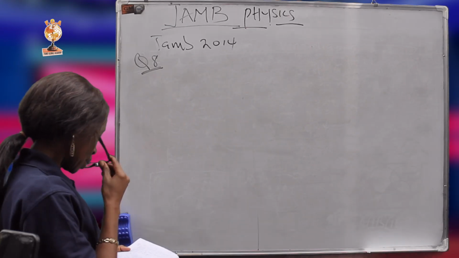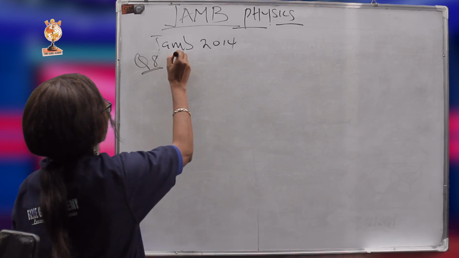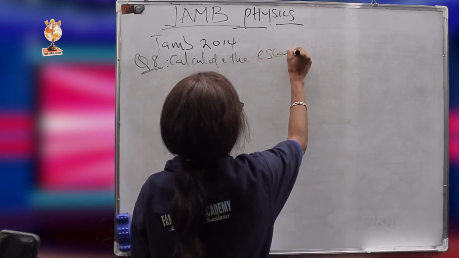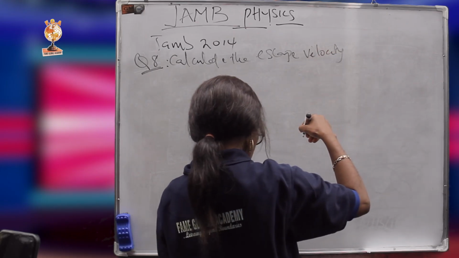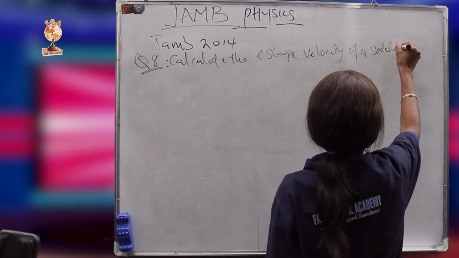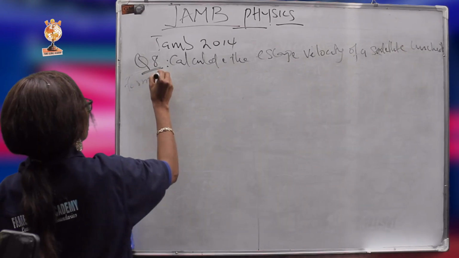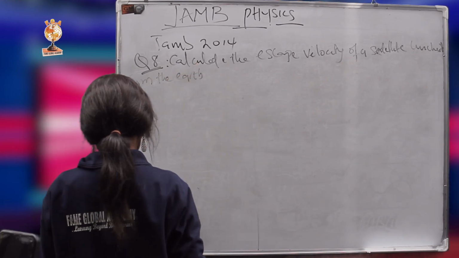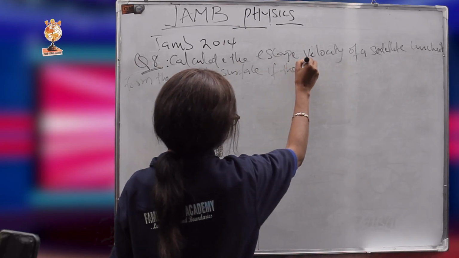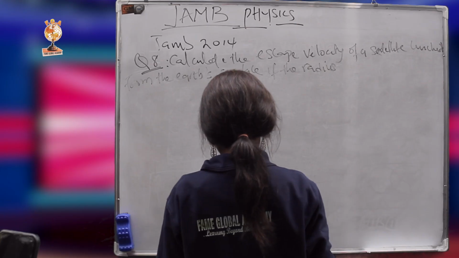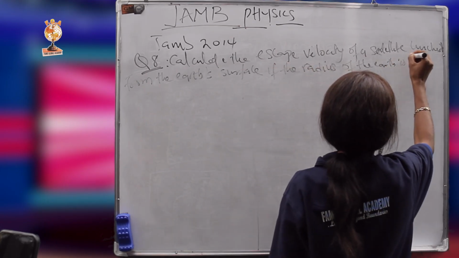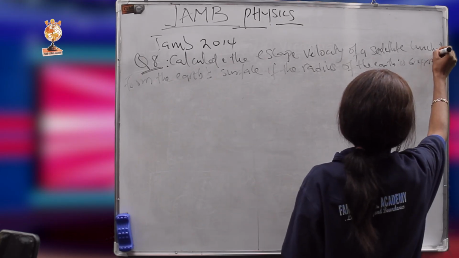JAMB 2014, question 8. Calculate the escape velocity of a satellite launched on the Earth's surface if the radius of the Earth is 6.4 times 10 to the power 6 meters.